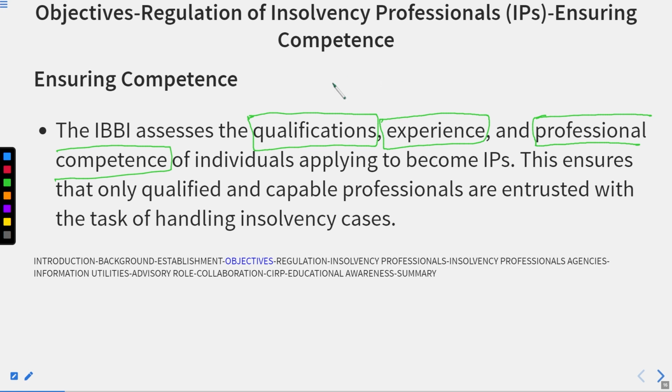As per the prescribed manner, their qualification, their experience, and their professional competence will be assessed before granting the license and the registration to them.